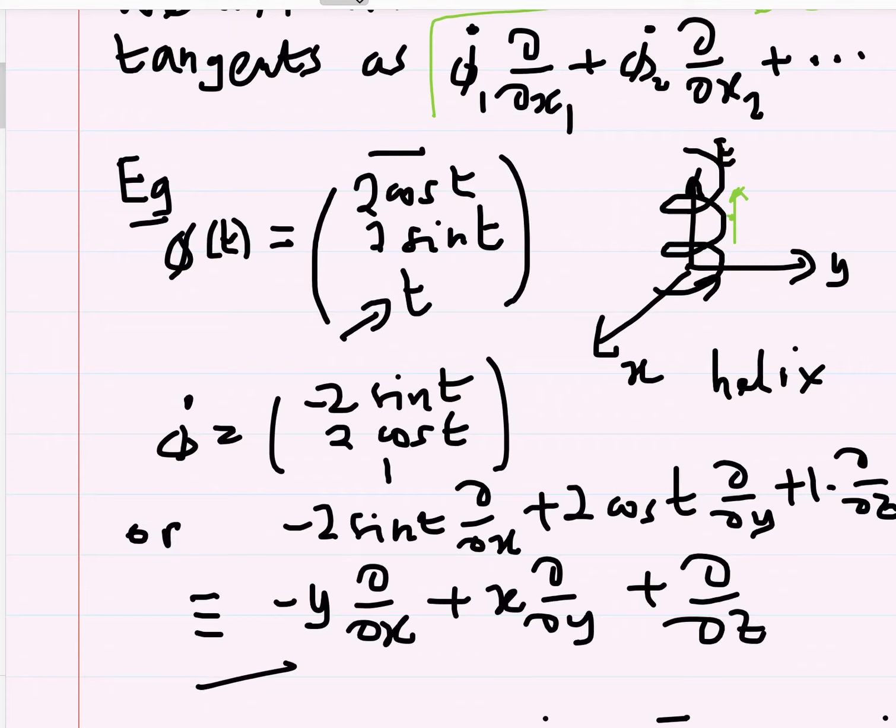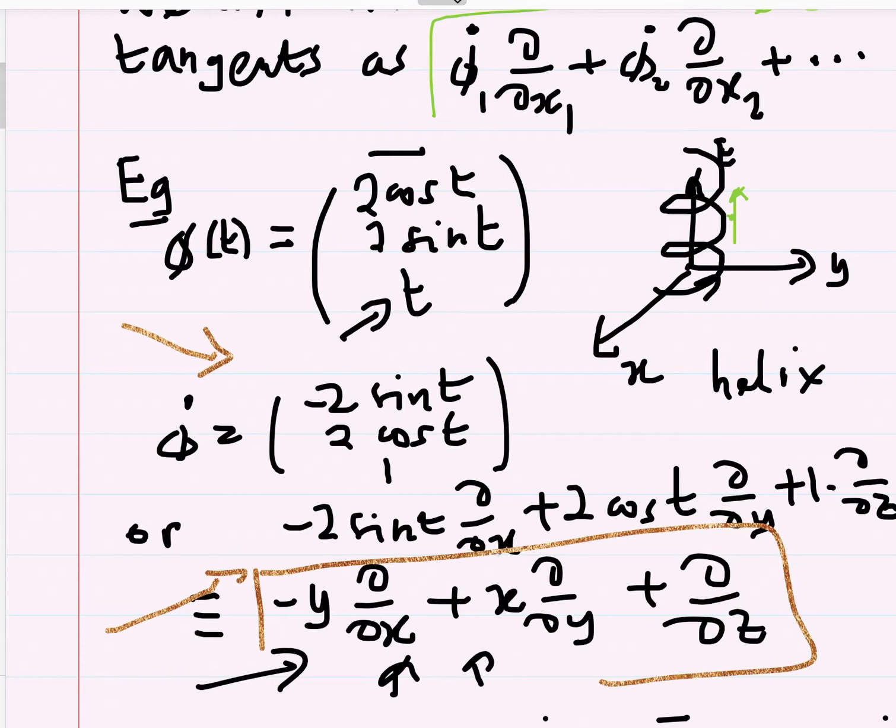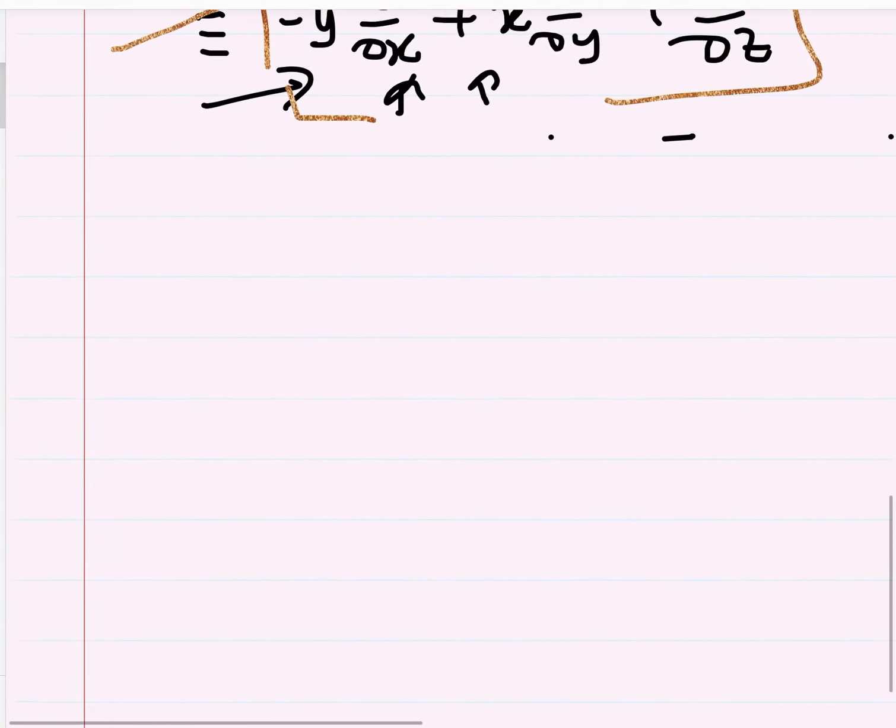So this is the set of tangent vectors for the helix that we just sketched. So you can write the tangent vectors in that form or in this form. This form of representing the tangent vectors is what I'm going to refer to as the vector field notation of the tangent vectors.